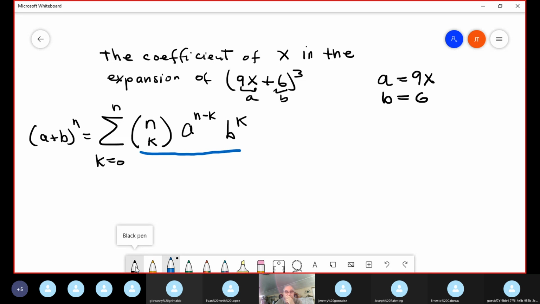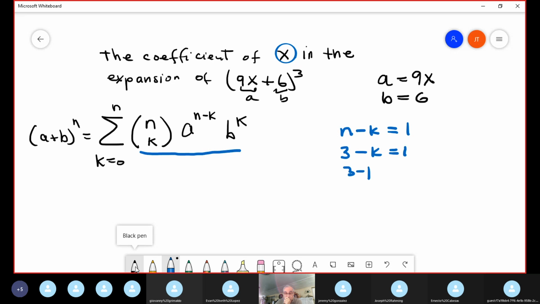They want to find when the coefficient is x. So the clue that gives me that information is n minus k, the exponent of the only guy that contains x, which is a, 9x. I know that n is 3. 3 minus k is 1. Therefore k is 2.